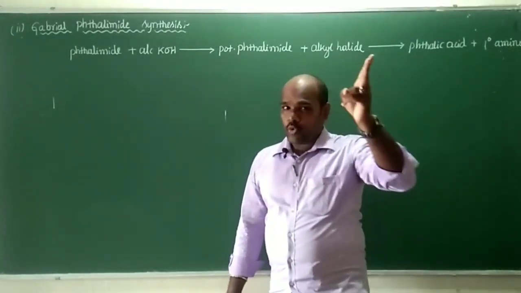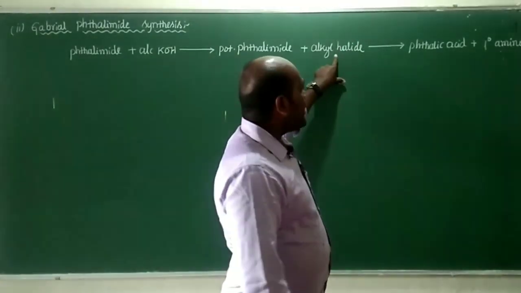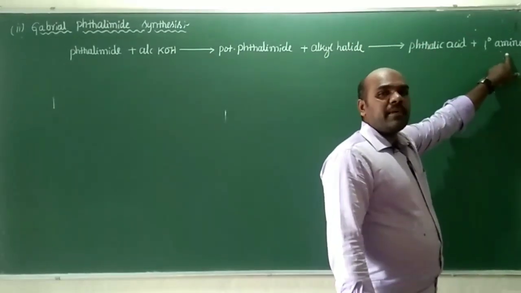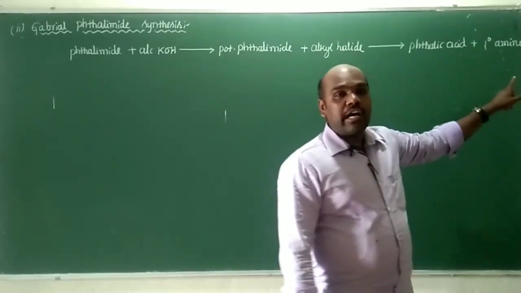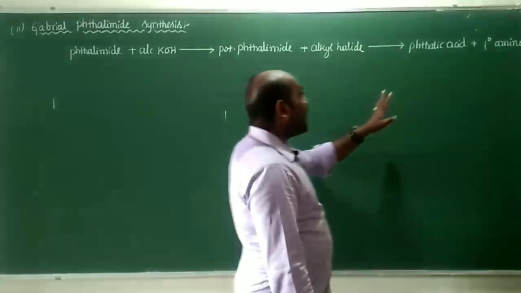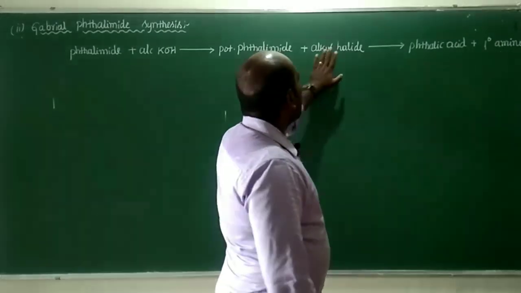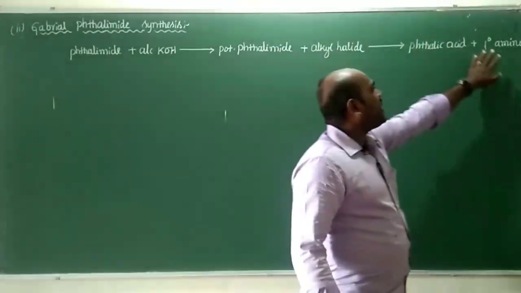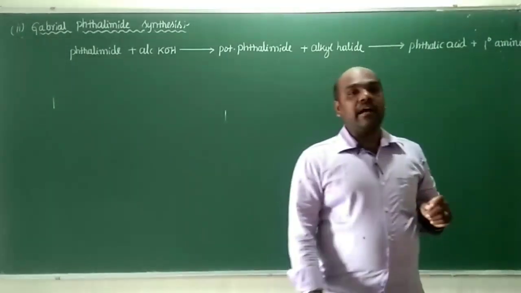And question number two, here we have taken alkyl halide. So the primary amine that we will get over here will be an aliphatic primary amine and not an aromatic primary amine. That means in Gabriel phthalimide synthesis, only aliphatic primary amines can be prepared but not aromatic primary amines.